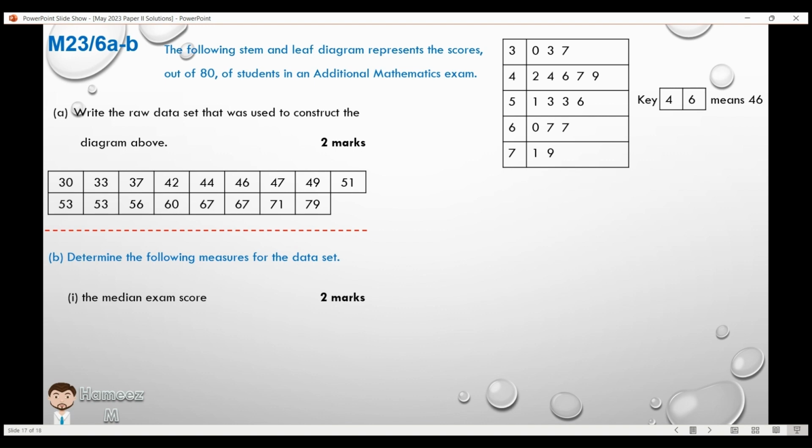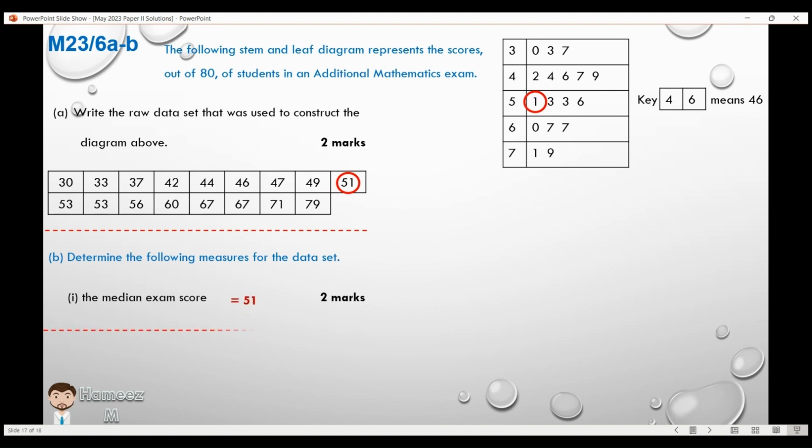Then for 17 numbers, the median or middle will be the 9th number, which we can tell is 51 from the stem and leaf diagram. If we look at the raw data set, it will be the same. There'll be 8 numbers before the 51 and 8 numbers after the 51. So the median exam score is 51.